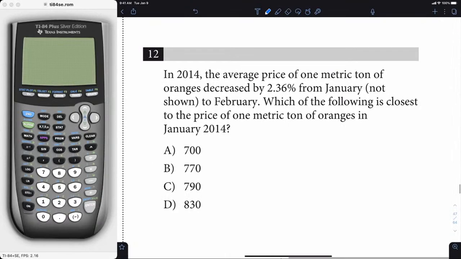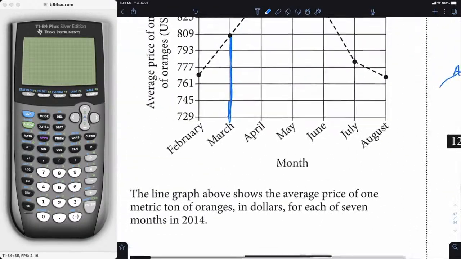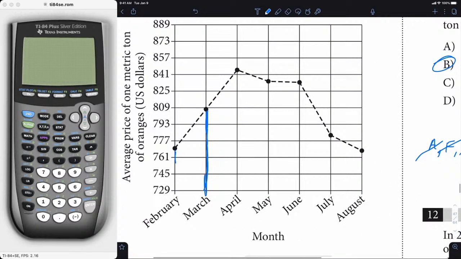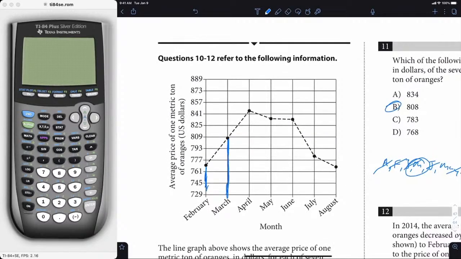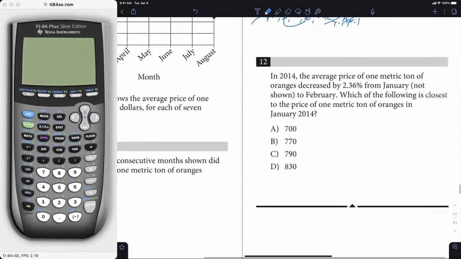In 2014, the average price of 1 metric ton of oranges decreased by 2.36% from January, not shown, to February. Okay, so let's take a look at how many are in February. I'd say that's about 768.